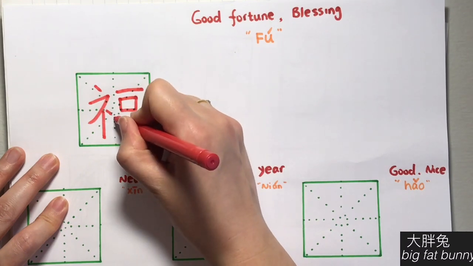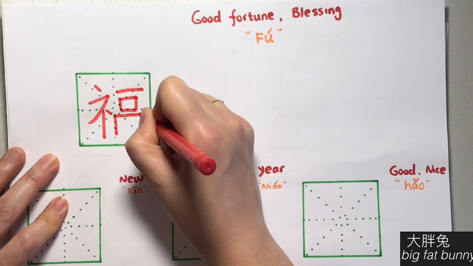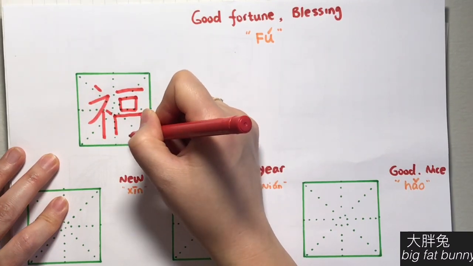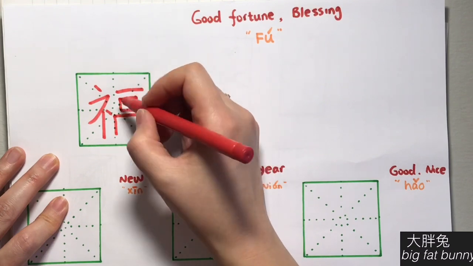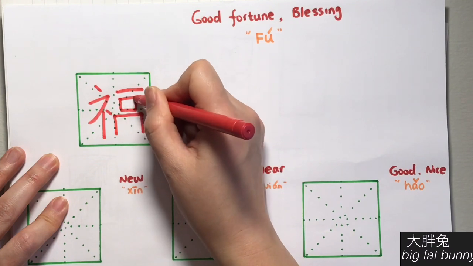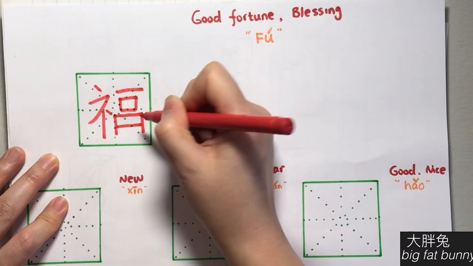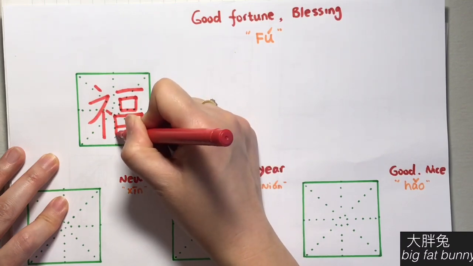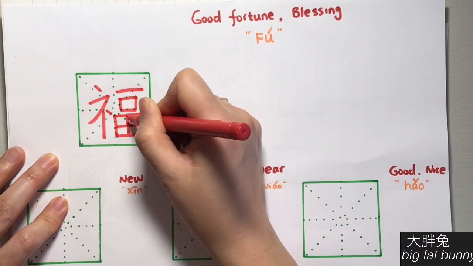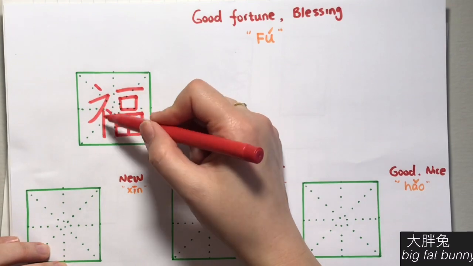The last bit looks like a window. Shall we call it a window? Yes. The last window is bigger than the little window. Then we're going to divide it like this. This also means fields in China. This square with a cross also means fields. Okay, that's it, we've finished.